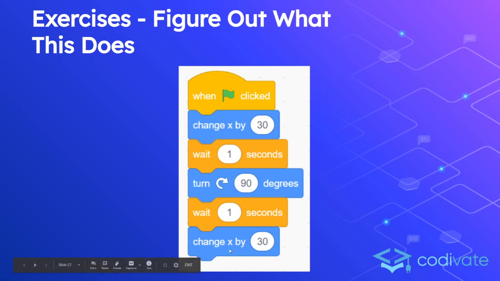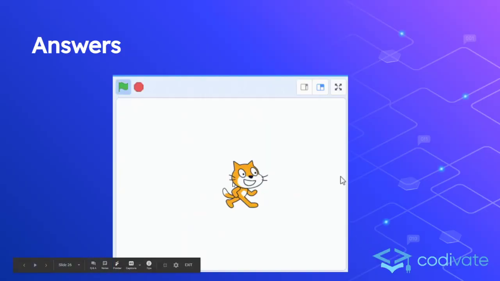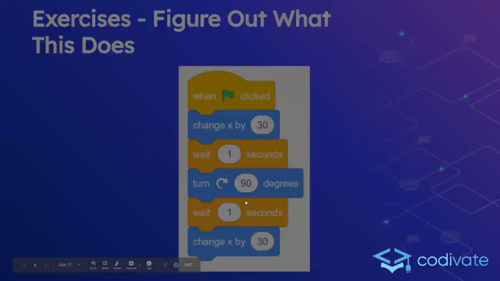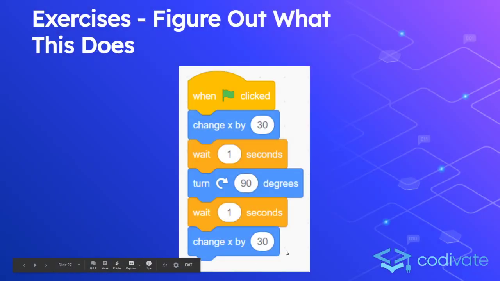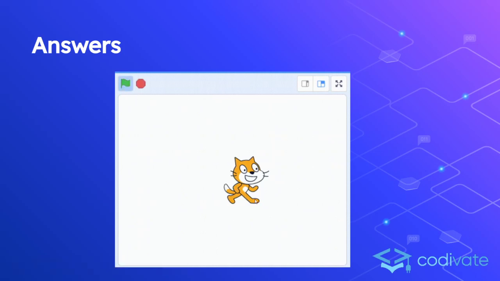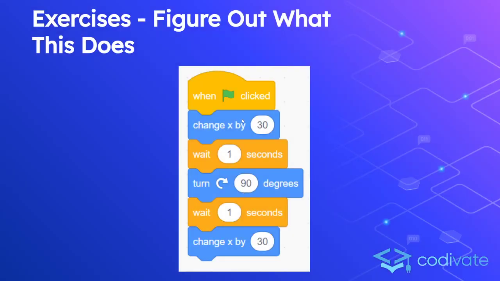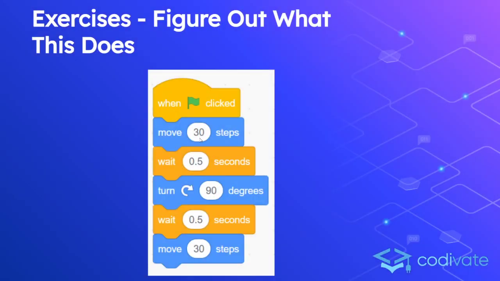And then it's going to, again, move to the right by 30 steps. Now, that's different because previously the cat turned and then moved in the direction that it turned. Now, in this example, we're going to move, turn, and then keep moving to the right, even though it turned. That's the main difference. And that's why these change x's are different than the move blocks.